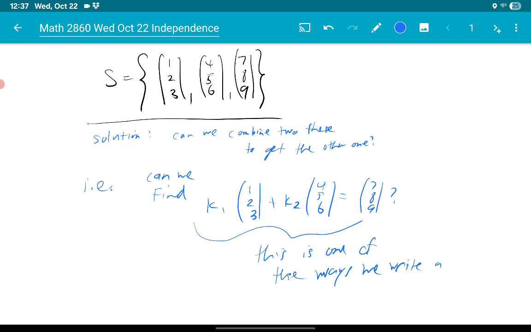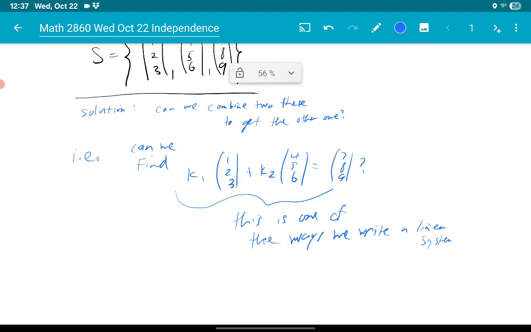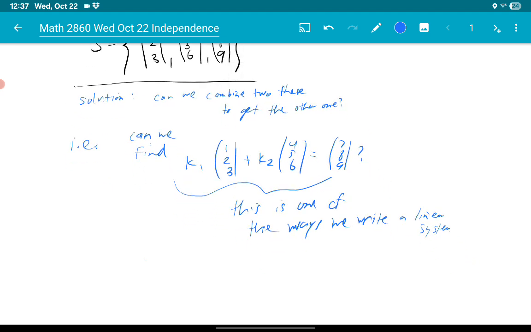a linear system. Remember we learned 4 ways to write a linear system. The quick way is the same as, let's switch it to one of the other 4 ways: put the first vector in the first column, the second vector in the second column, and then the augmented column will be the third vector.